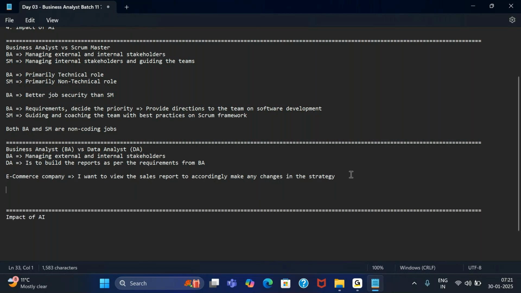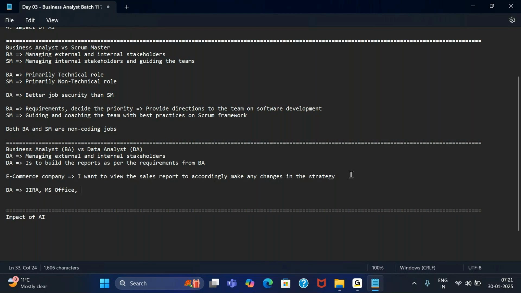Now, the next thing that we will discuss is the usage of different tools or software. Like we discussed in our class yesterday, a BA will be responsible for interacting with tools like Jira, which falls into the Agile Lifecycle Management category. They will be using Microsoft Office, particularly Microsoft Word and Excel.